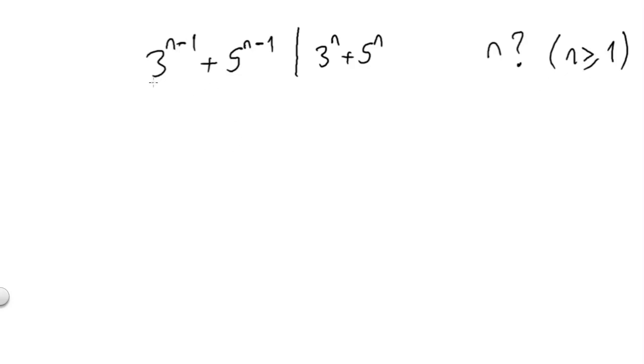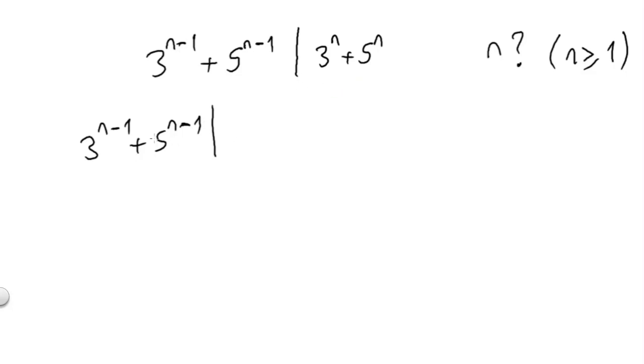So let's see. This thing divides this thing, so I'm assuming that n solves this equation. So I know that 3 to the n minus 1 plus 5 to the n minus 1. Let's try to write something in general that this thing would obviously divide, and I will try to make that thing look like 3 to the n plus 5 to the n. So let's see how we can do it.